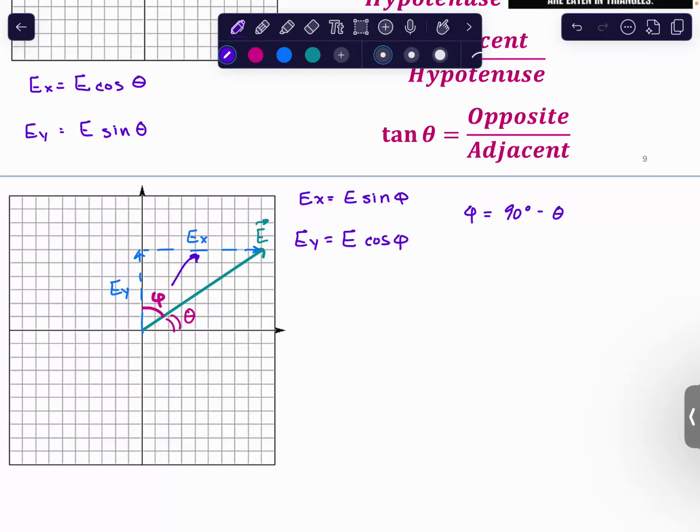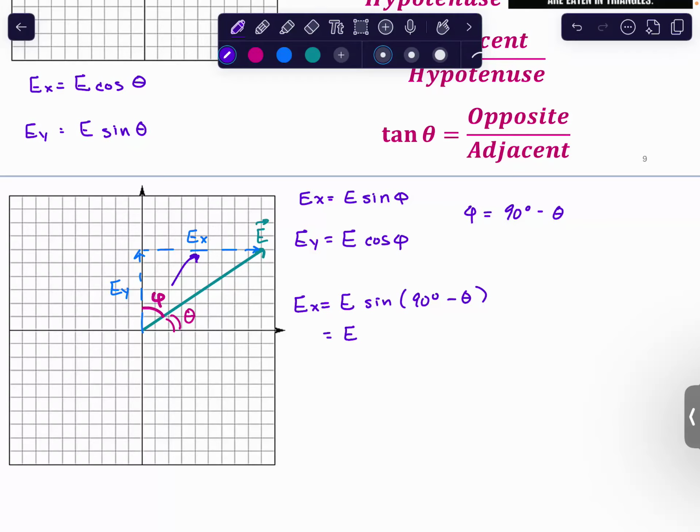So just for fun, if we put 90 minus theta in for phi into these components we just found, does anyone see the trigonometric identity? Sine of 90 minus theta equals what?